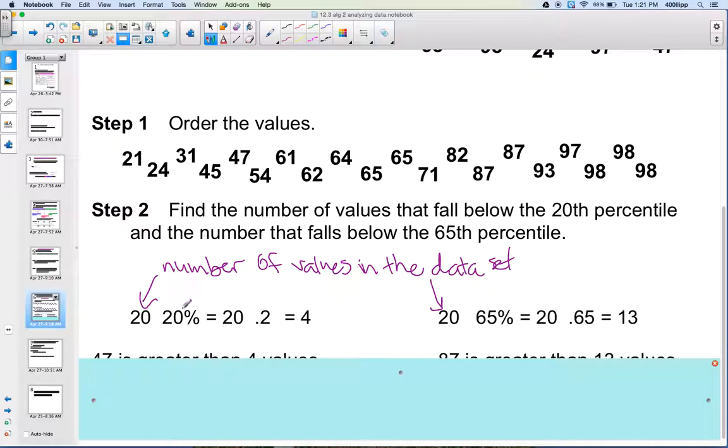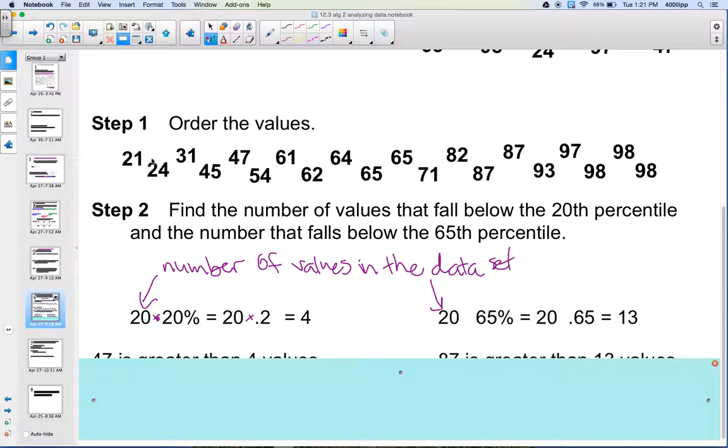So we're going to take 20 times, because we're finding the 20th percentile, 20%. 20% is the same as 0.2, and 20 times 0.2 is 4. Now you're going to list how many values.